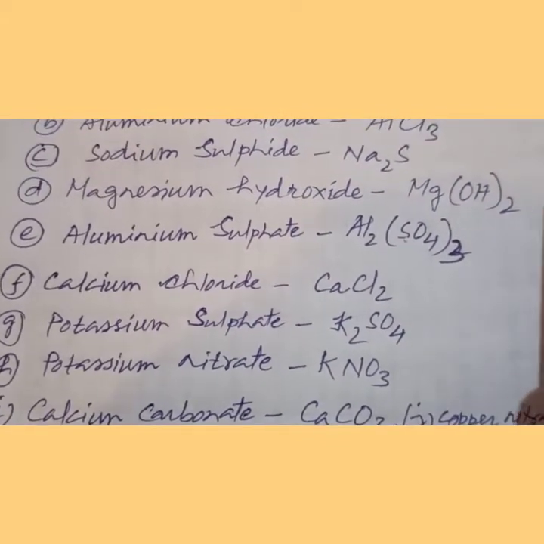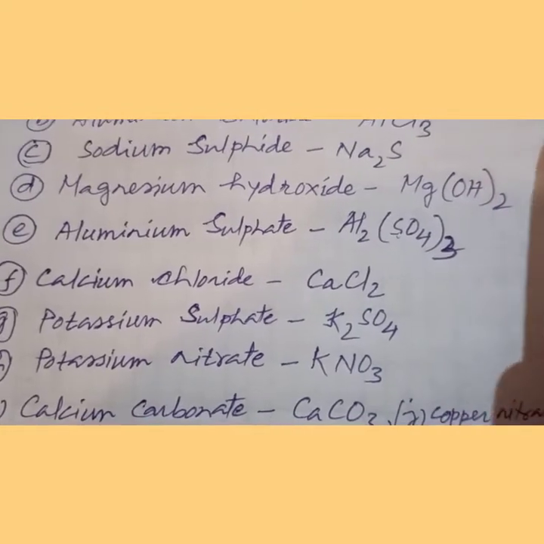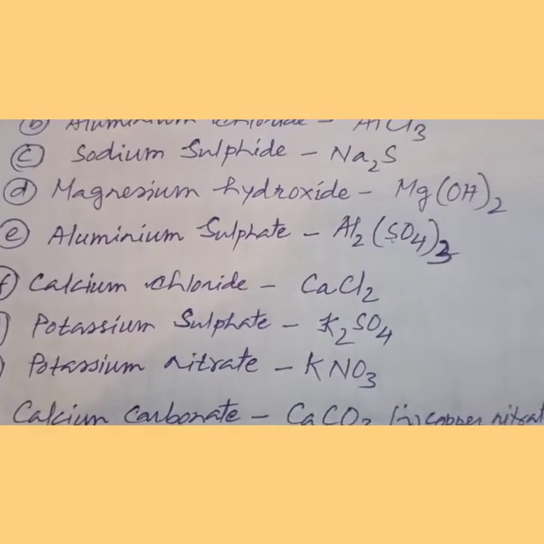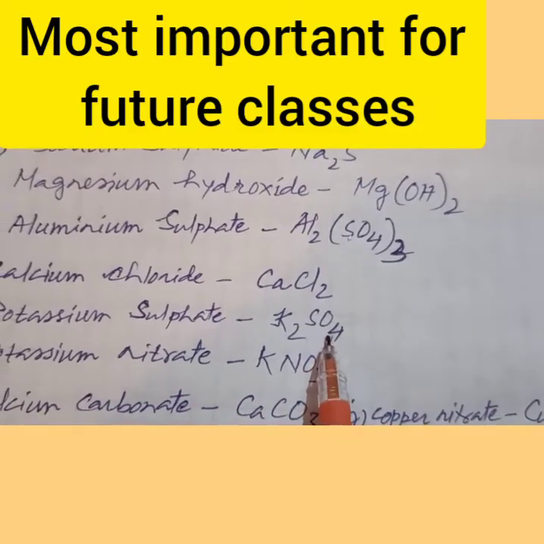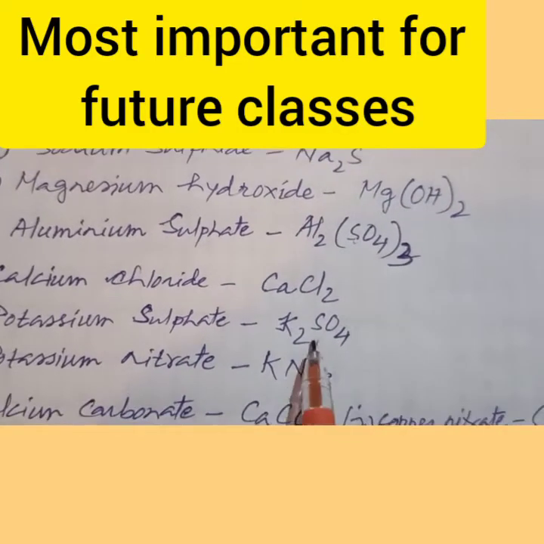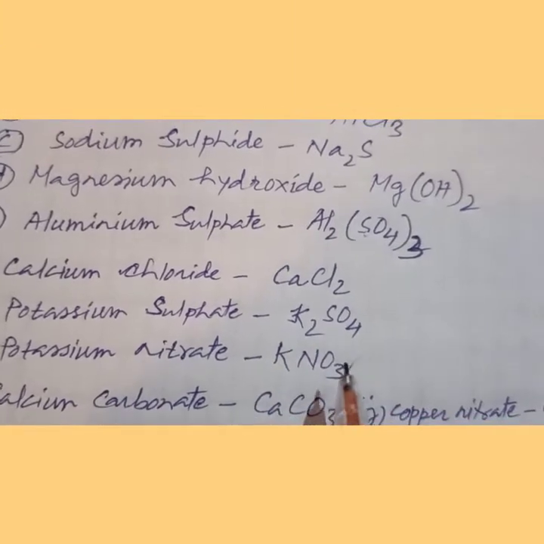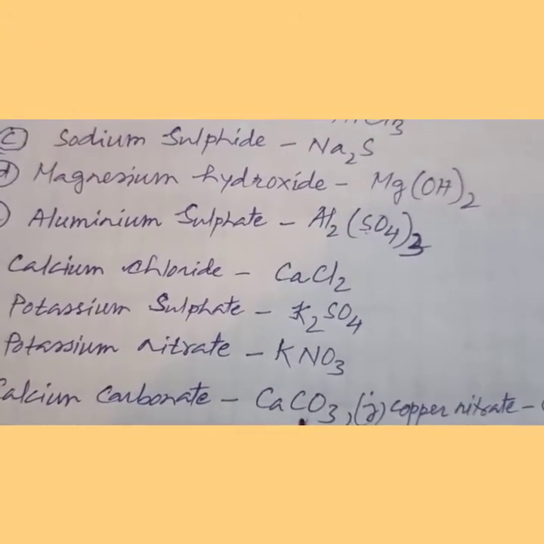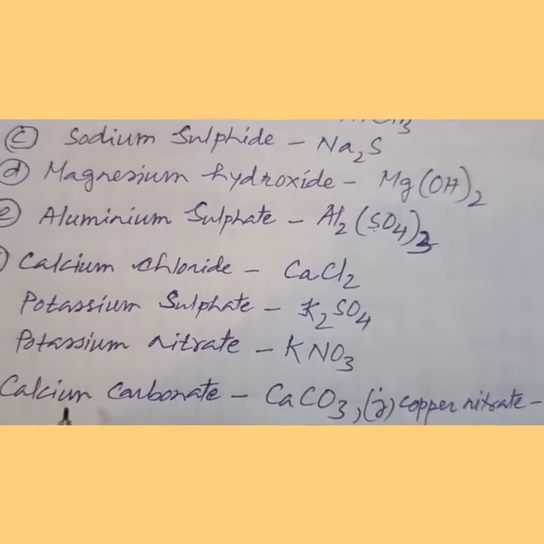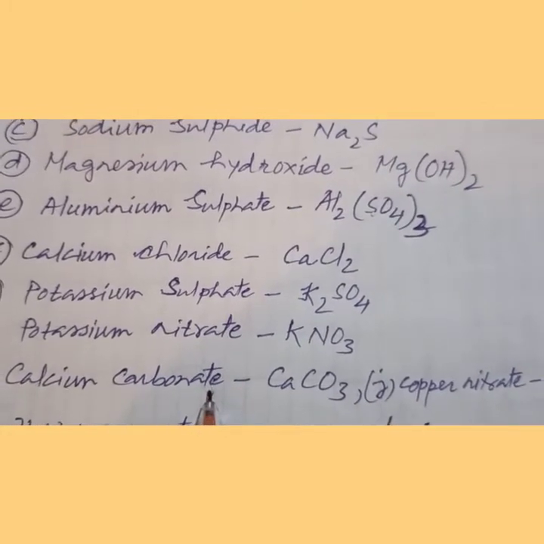And here may come like this also: write down the names of the compound, then that compound will be given there, and you just look at the compound and write the name from there. Suppose given CaCO3, what is the name of this compound? Calcium carbonate. You write calcium carbonate.